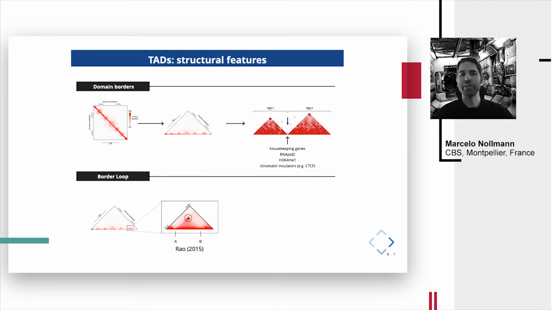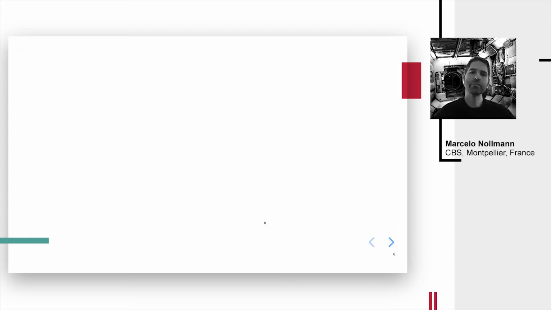These specific interactions can be shown in the map as a bright dot or spot, encircled here in the drawing. In this particular example, this tells us that the two borders of the TAD are interacting together to form a loop. This gives rise to one class of TADs called a loop domain, a TAD where the two borders are interacting together specifically.